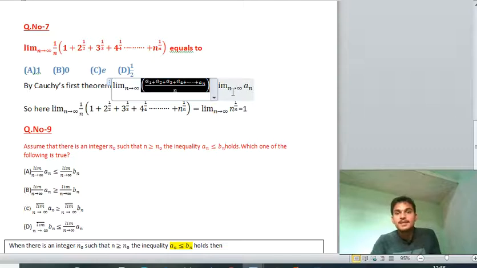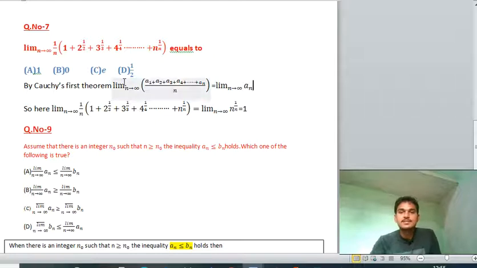This will be equal to the limit as n tends to infinity of a_n. So this is n to the power 1 by n; 1 to the power 1 by 1 is equal to 1. This is 2 to the power 1 by 2.